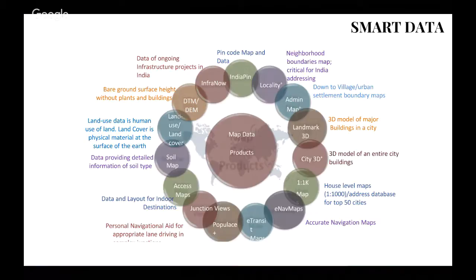It could be boundary layers, admin boundaries, locality boundaries, pin code boundaries, and so on. Or it could be demographic information, such as male-female ratio, what kind of population is living there, what per capita income is in certain areas, and so on.